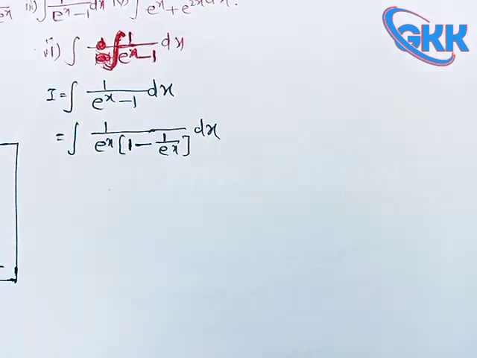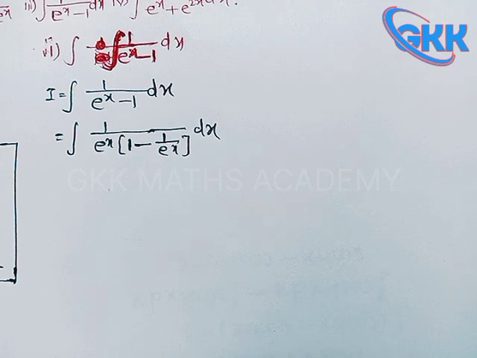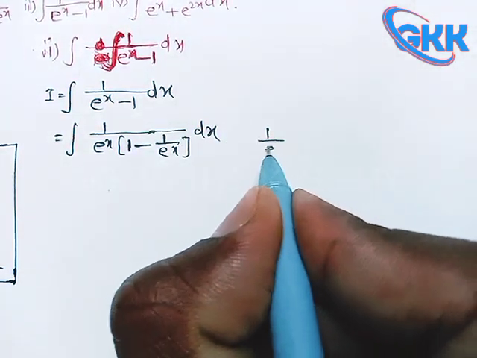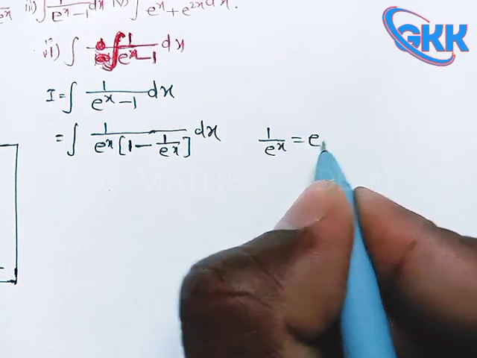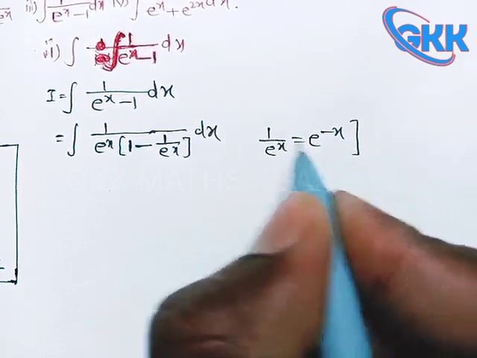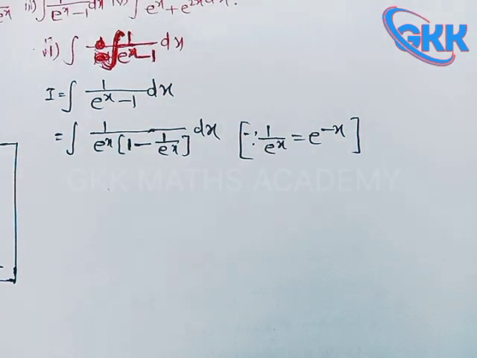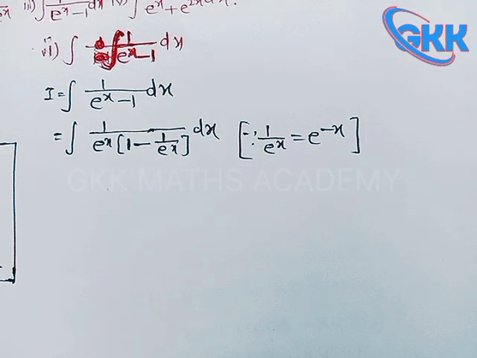Any doubts, sir? No. Right. So see that, 1 upon e power x can be written as e power minus x, yes or no?